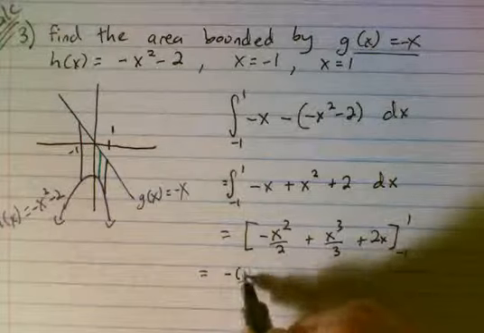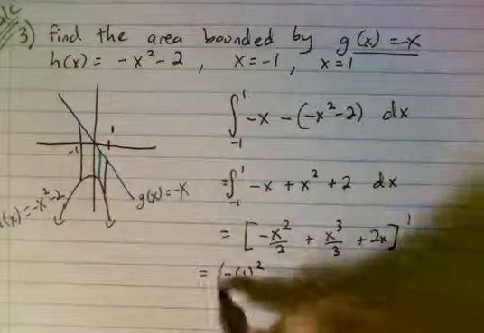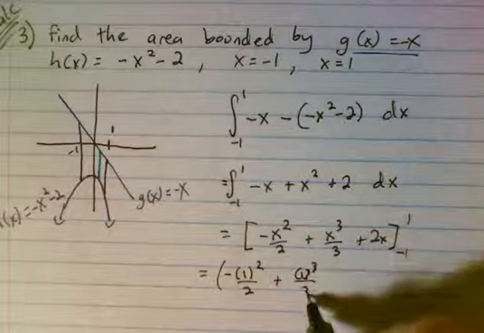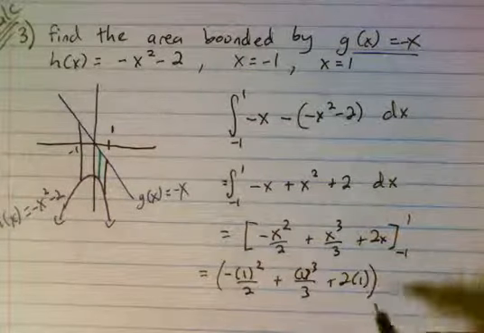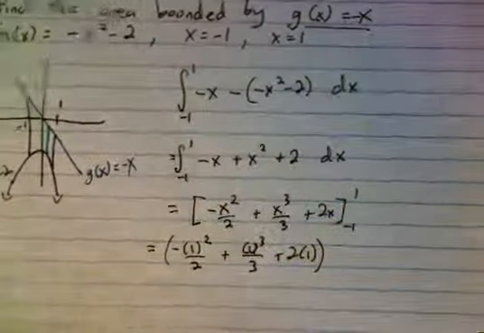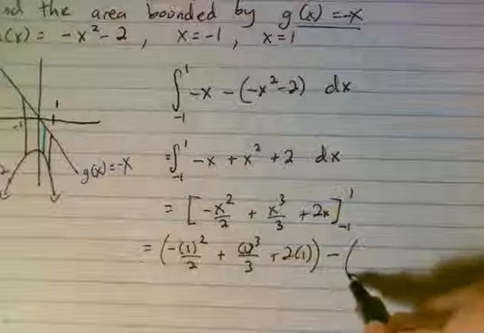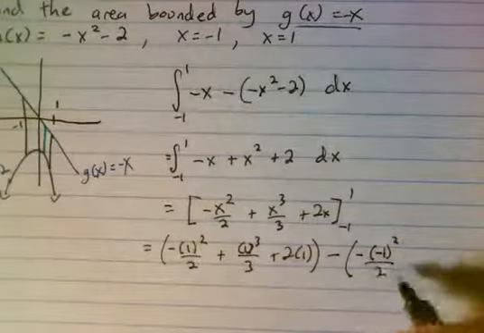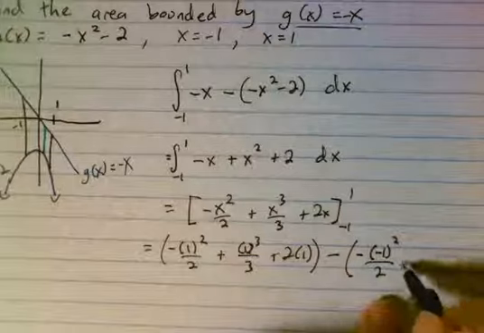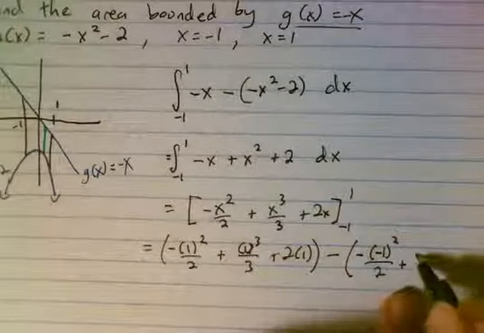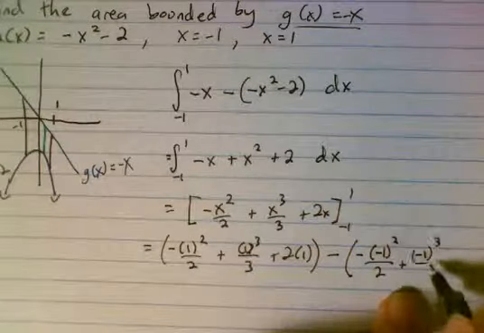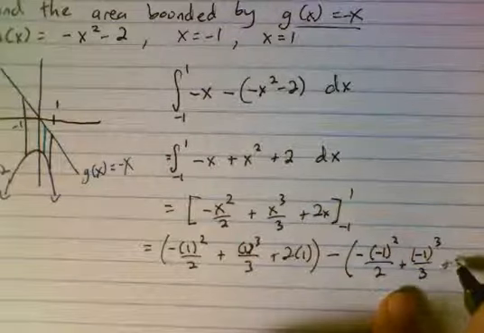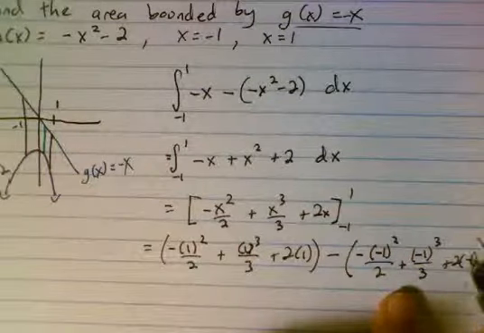So negative 1 squared over 2 plus 1 cubed over 3 plus 2 times 1. And then we're going to subtract negative 1 squared, remember, that's in parentheses, plus negative 1 cubed over 3 plus 2 times negative 1.